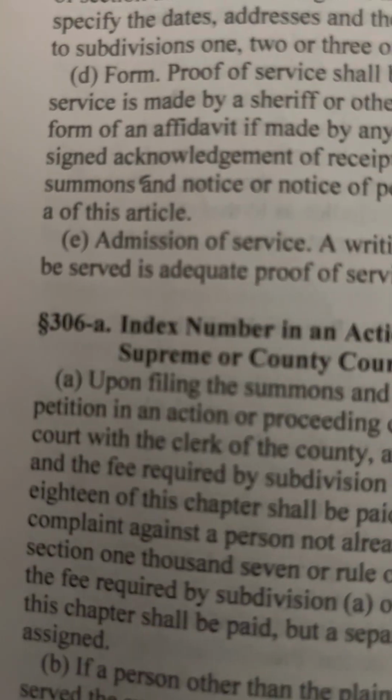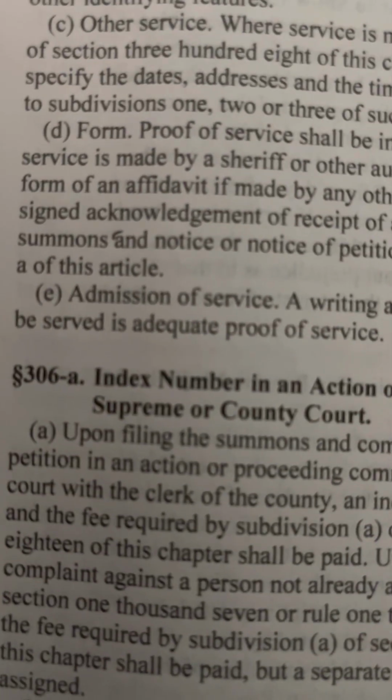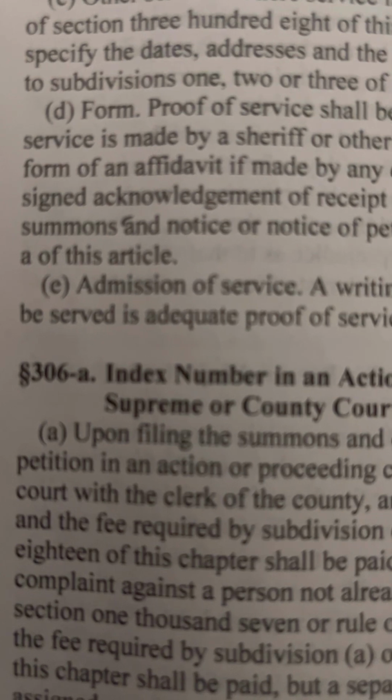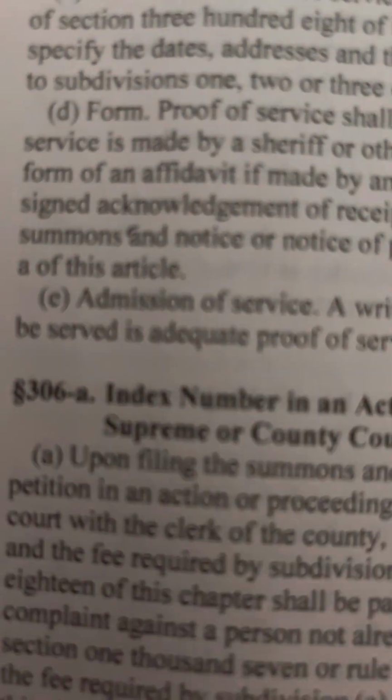I believe it's, yes, personal service by mail. Okay, so we're going to do that later. But just know that form is referencing Article 312A, which deals with mail service, okay?